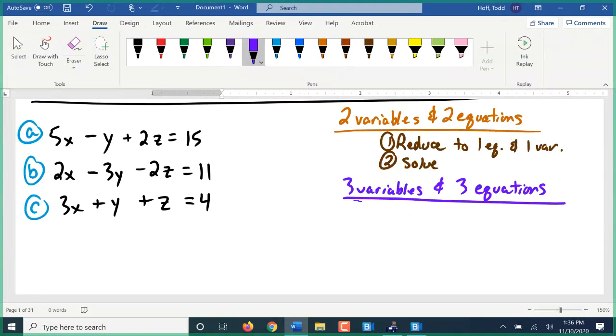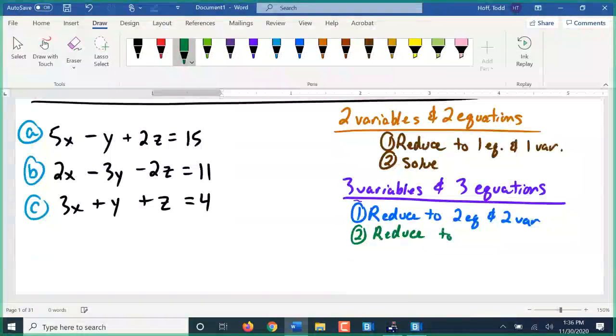Well, our first step here is going to be to reduce the 3 variables and 3 equations to 2 equations with 2 variables. Then reduce that to 1 equation and 1 variable, and then solve.